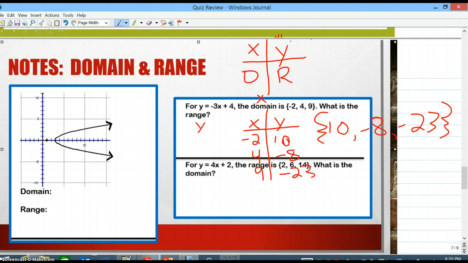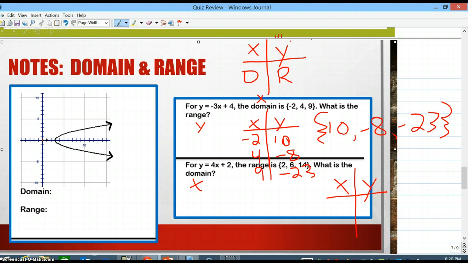Now the next problem. For y equals 4x plus 2, the range is 2, 6, and 14. What is the domain? So again, range is y and domain is x. So I'm going to start by making a table because it's easier to see these problems with tables.